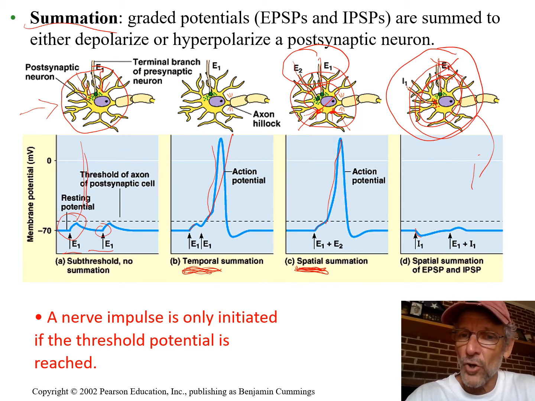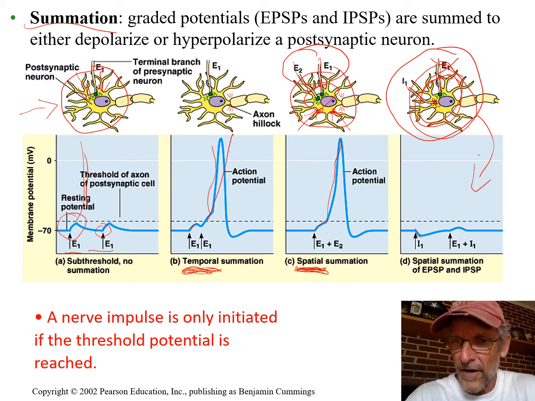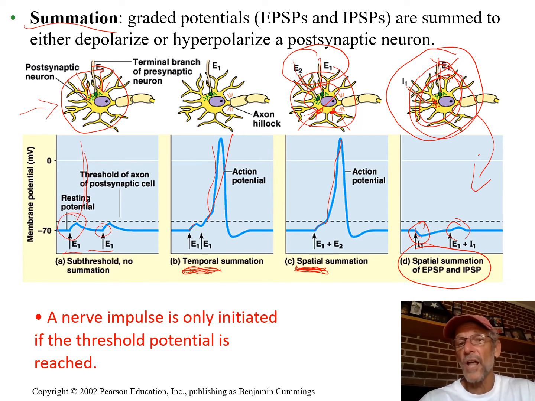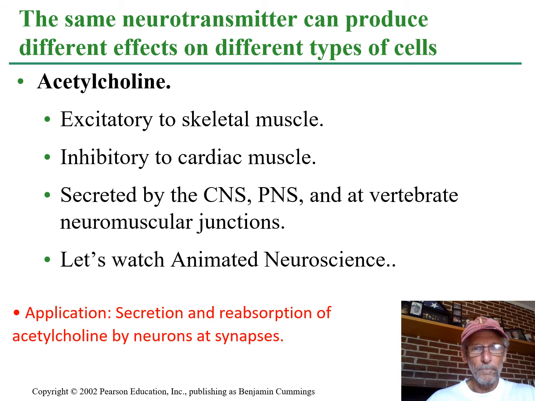The example they've drawn out here is that I got a fire message, but I got a not fire message, and that didn't put me close enough to negative 55 for me to fire. This is the kind of integration that happens at each nerve cell. It's like what your brain is doing when it gets messages that say, don't study, study, don't study, study. Which message is going to win? Well, I have to let you decide that one.